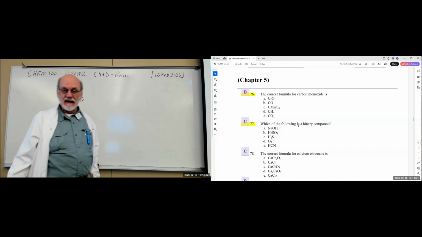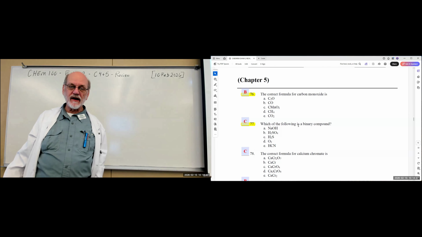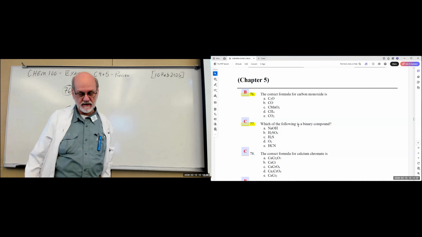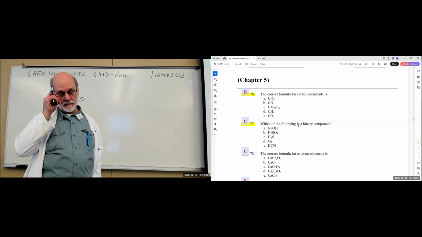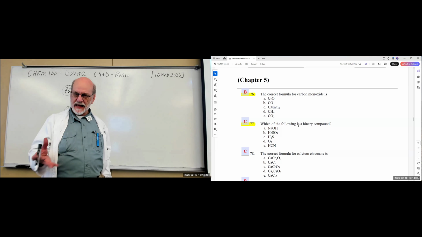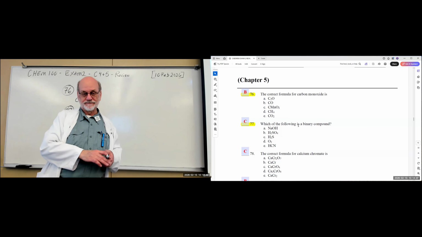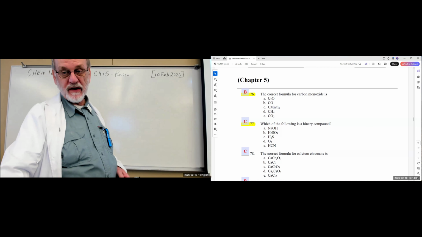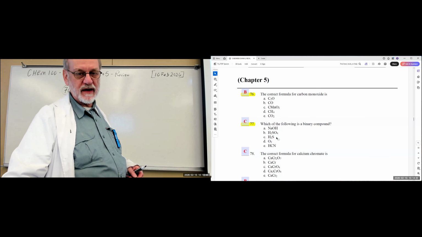H2SO4 is not considered binary, and sodium hydroxide is not considered binary either because they have more than 2 elements in them. Now, when we name them, we treat them as if they were binary. But by the author's definition in your textbook, the only binary one is hydrogen sulfide.